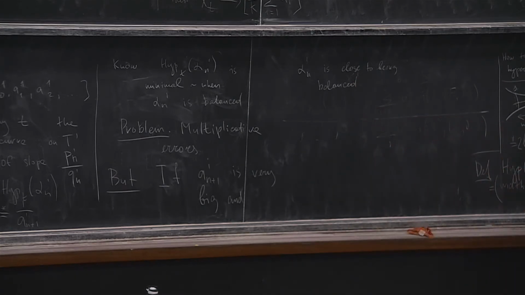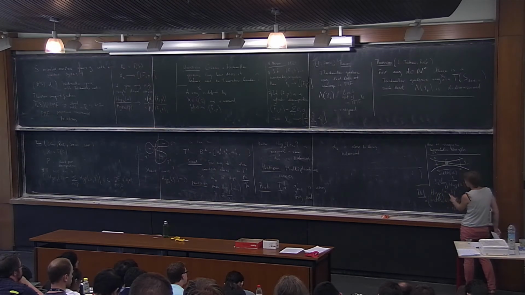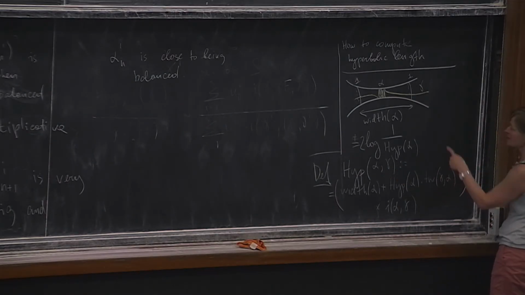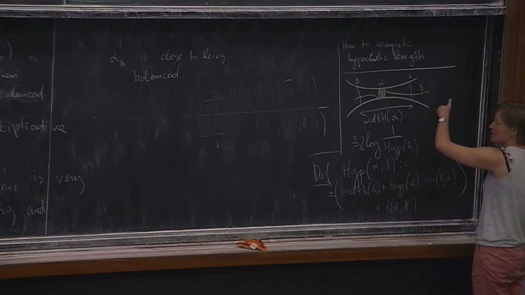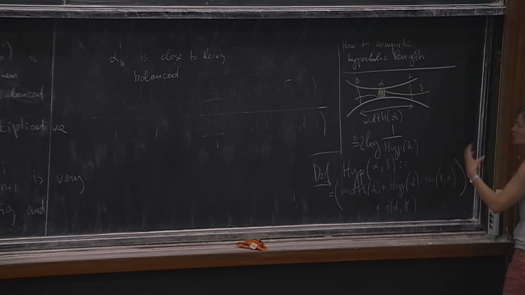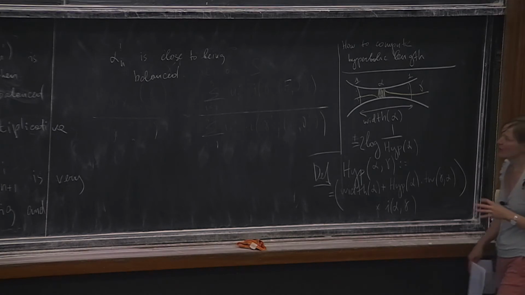Then, just believe me, basically the contribution of such a curve to a curve that crosses it is just the width. So the twisting, how much it twists, doesn't matter because it's just so short.